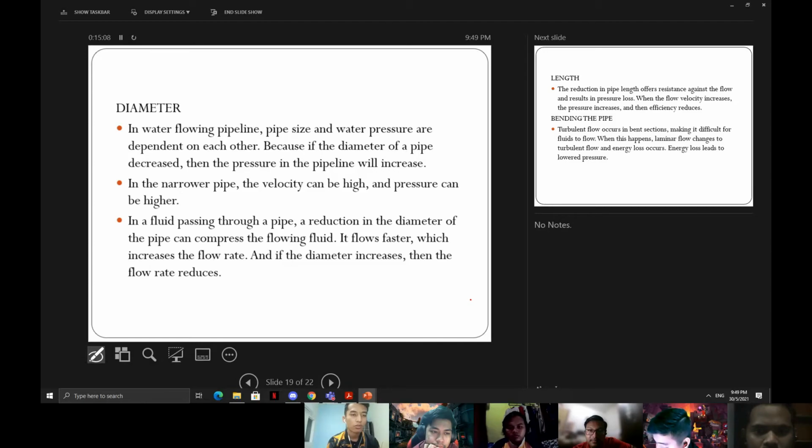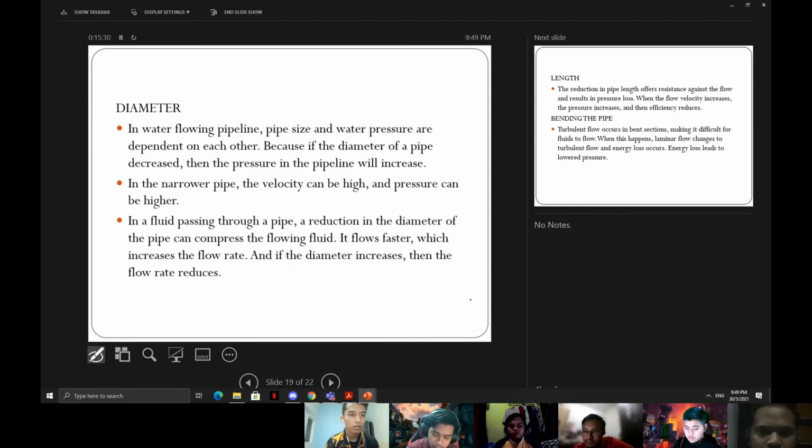There are a few factors that affect the flow rate of water in the pipe. First, the diameter. In a water flowing pipeline, pipe size and water pressure are dependent on each other, because if the diameter of the pipe decreases, then the pressure in the pipe will increase.